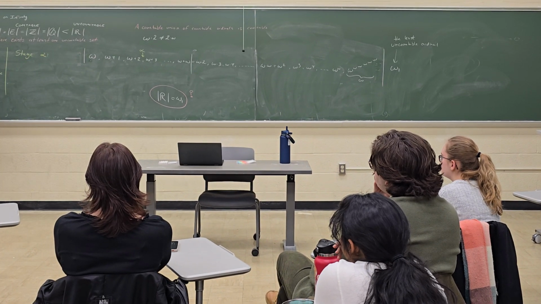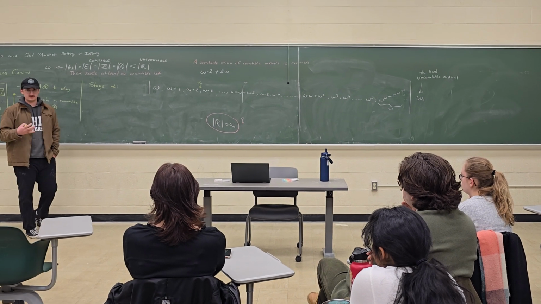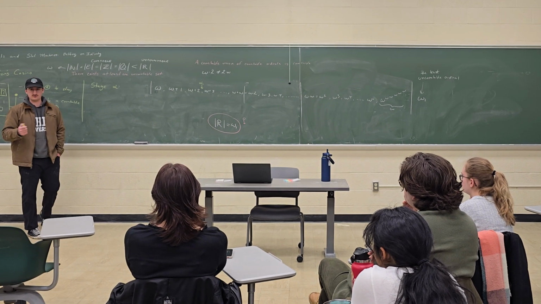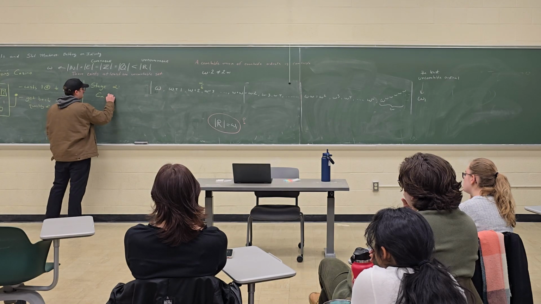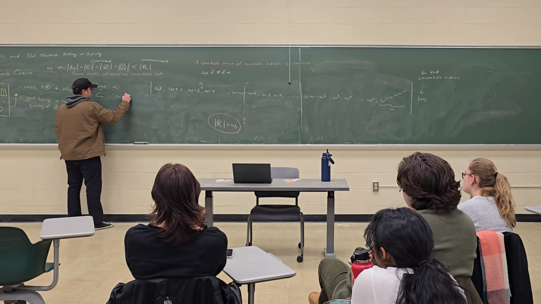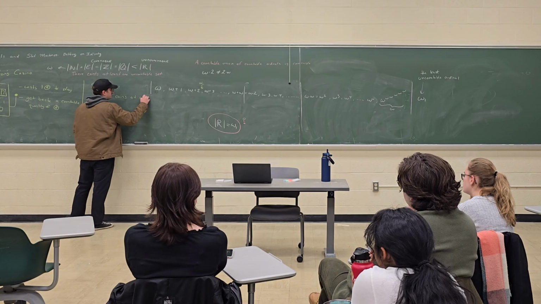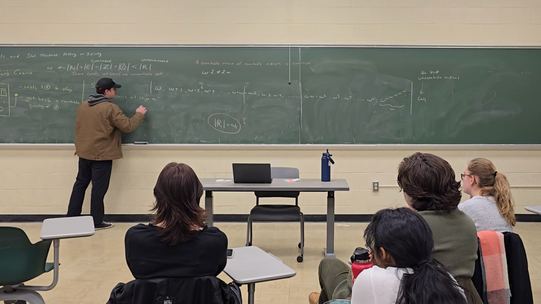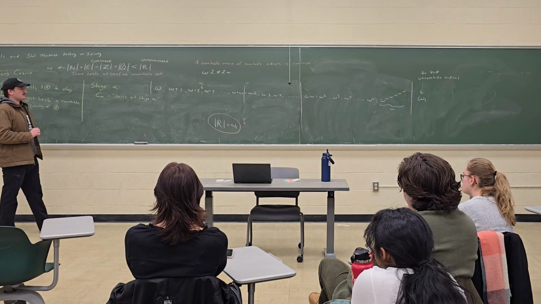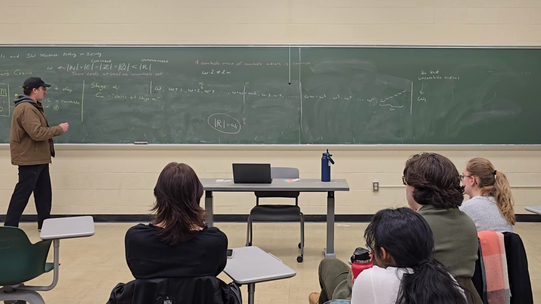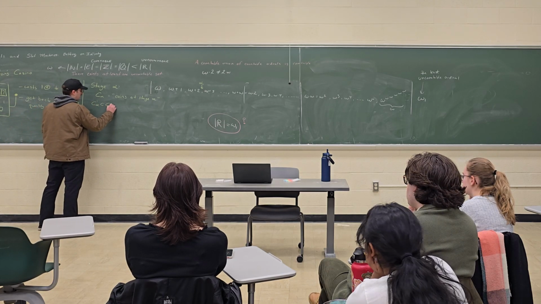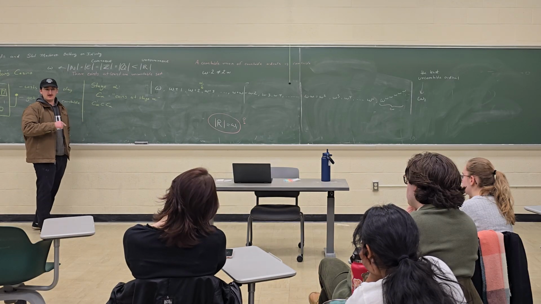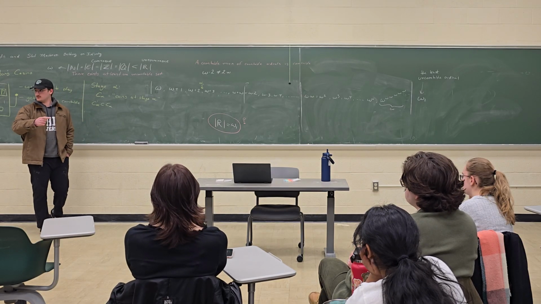At stage alpha, I'm going to have some amount of coins in my wallet. That's a pretty agreeable statement. So I'm going to call that C sub alpha, the coins at stage alpha. If I want to keep playing, I think we can all agree that there's some subset of the coins I currently have that will need to be played at some point.